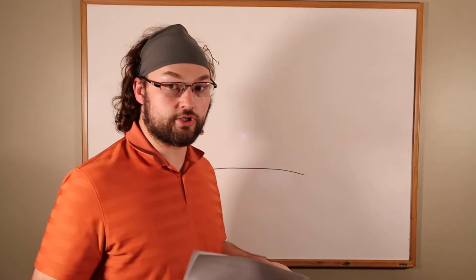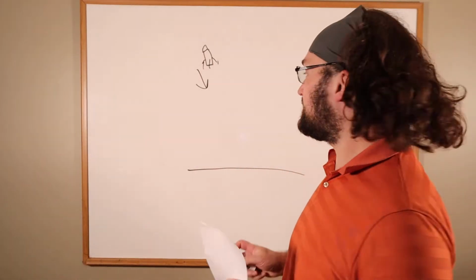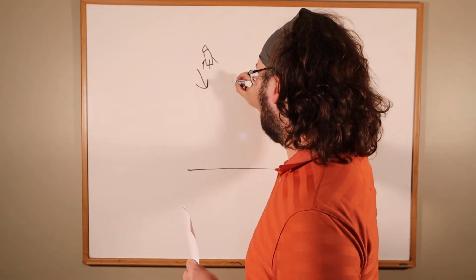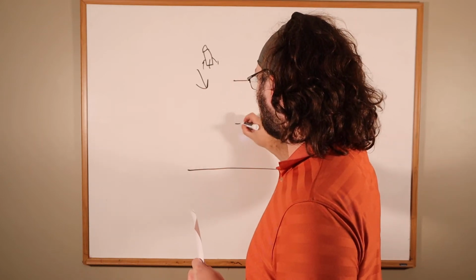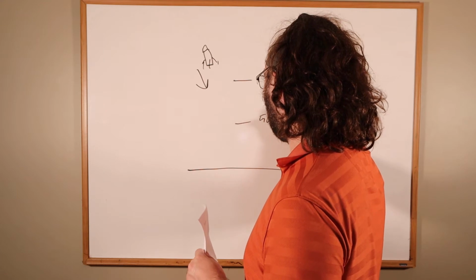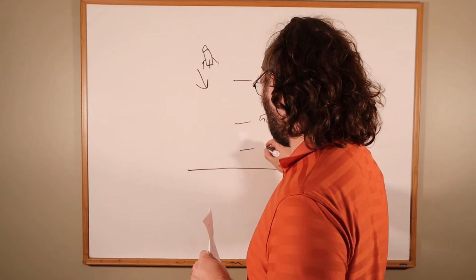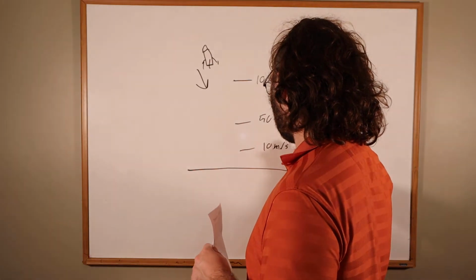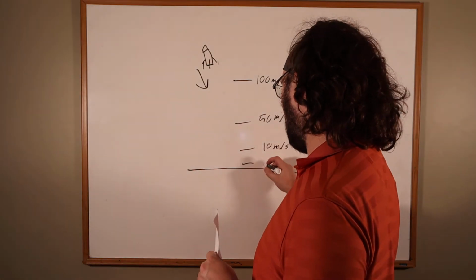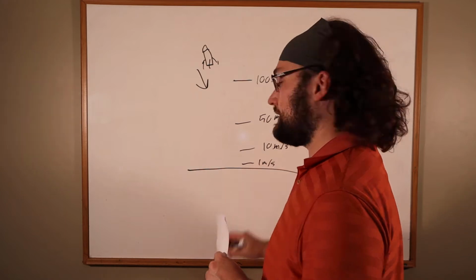A simpler strategy is just to say in stages, at this height we want to be going 100 meters per second down, at this height we want to be going 50 meters per second down, here we want to be going 10, and then at this height we want to be going 1 meter per second down.